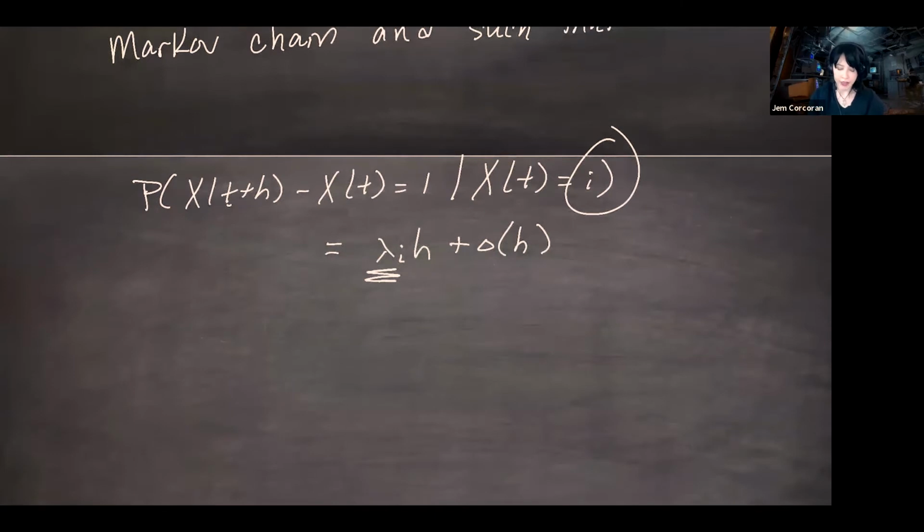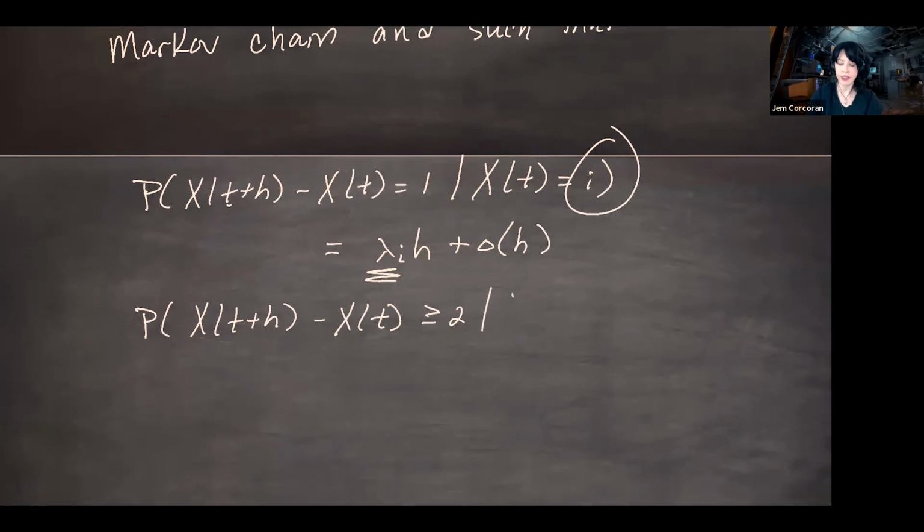And to fully define this, I need to give at least one more condition. So I'm going to go with the one we used for the Poisson process: greater than or equal to 2 events in any tiny time interval is little o of h.